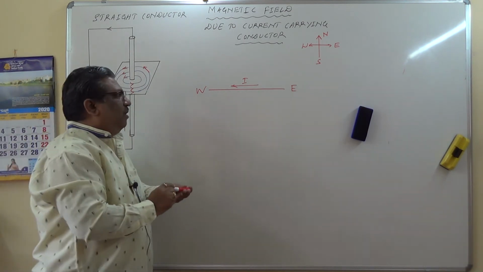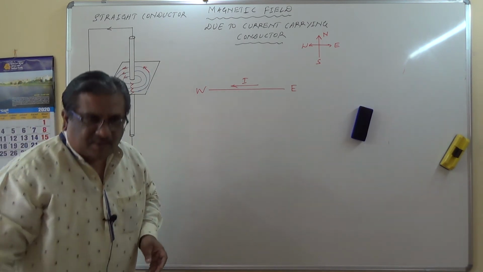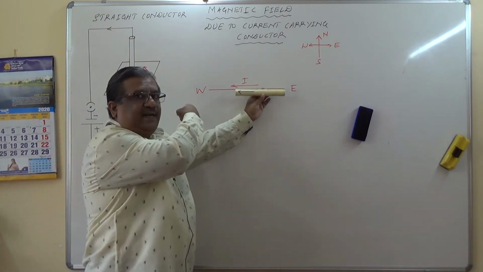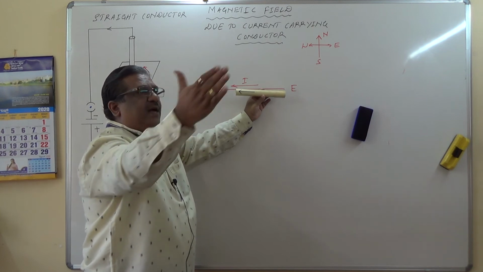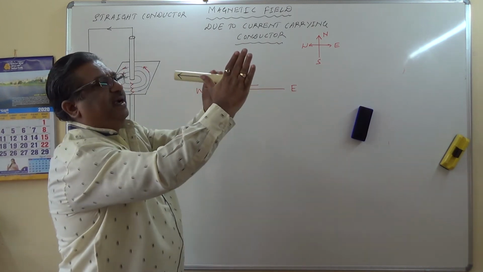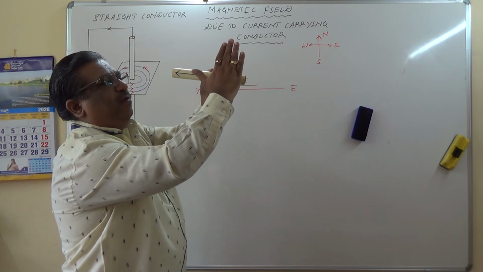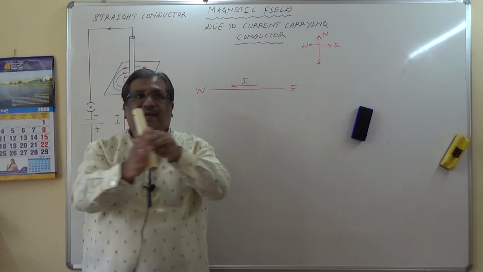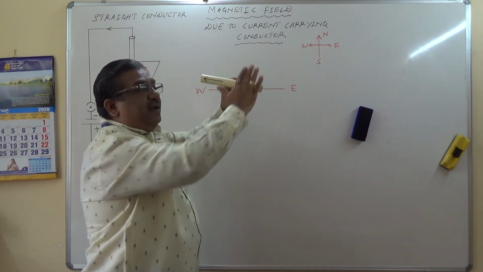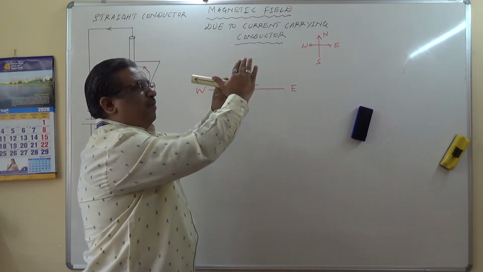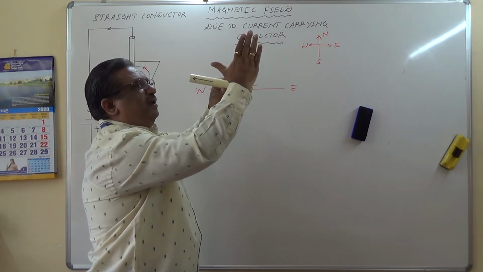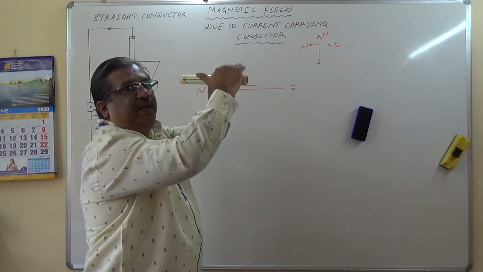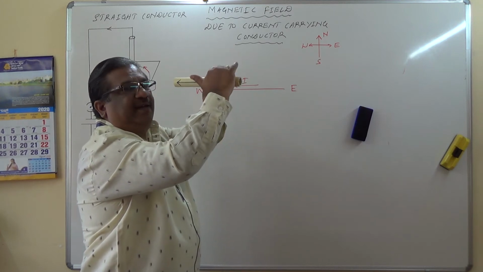The right hand thumb rule. Say for example, this is a conductor with the direction of current on this side. I am using the right hand thumb rule in such a way that, imagine that we are holding that wire, the power line, over here with my thumb pointing towards the direction of the current. In that case, the curly fingers will give me the direction of the magnetic field lines.